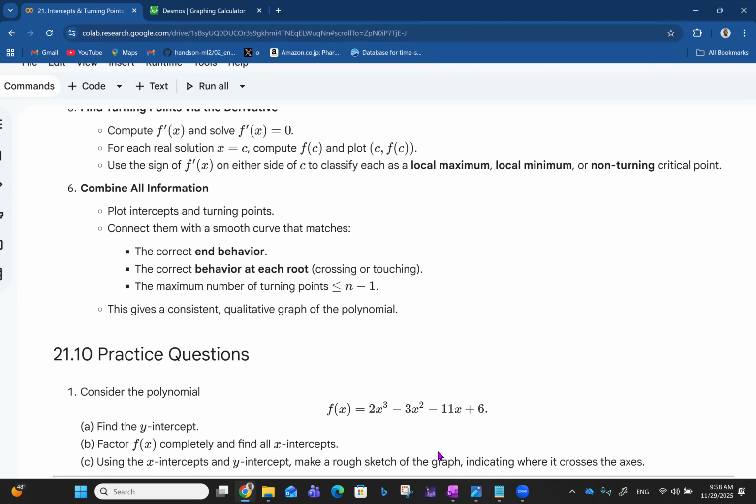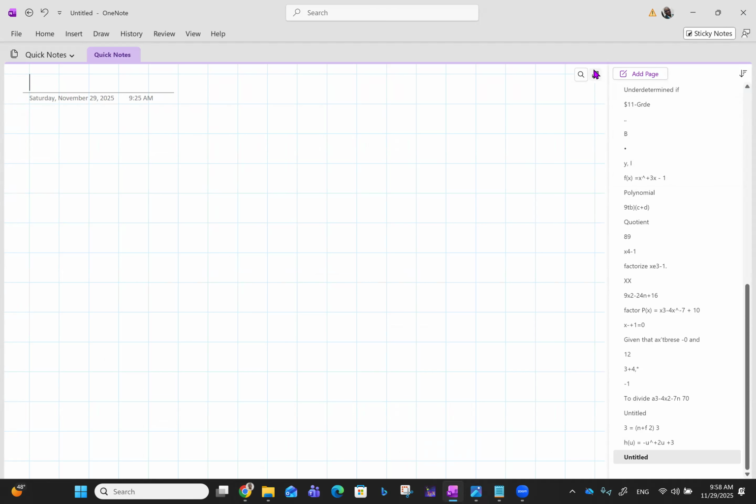We already know how to do that. Then finally, use the x-intercepts and y-intercept to make a rough sketch. The sketching is coming fully in the next video, but I'll do that here too. So let's go to the worksheet and practicalize all the things we've been learning.